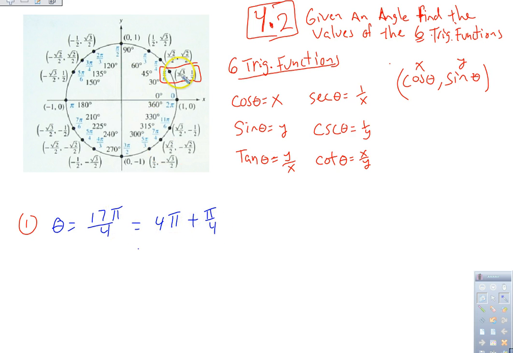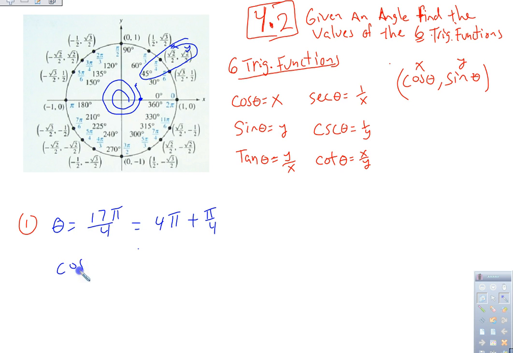Now in the unit circle, that's going to correspond to 2 pi, 4 pi. 4 pi gets us back to 0 here, and then we move up another pi over 4. So we're looking at this angle here, this coordinate point. This is my x value, and that's my y value, cosine and sine.